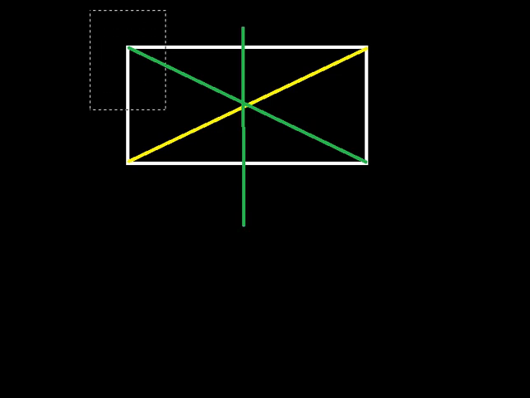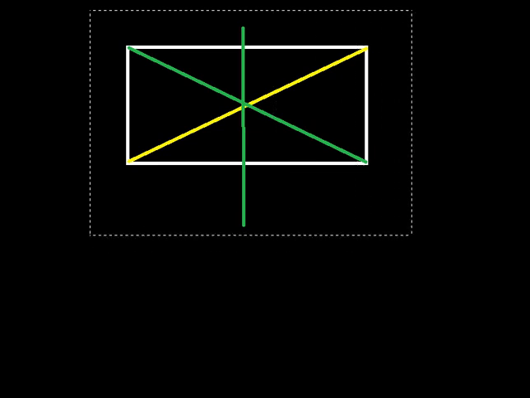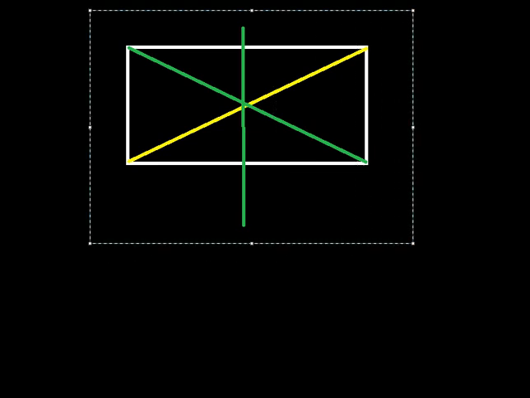So different objects have different orientations of the line of symmetry based on the shape of the object. Let's say this is a typical circle.